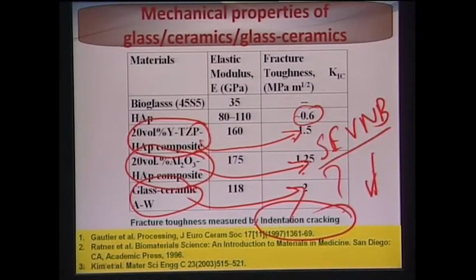Whatever you are getting as 1.5 will not be 1.5, but it may even be below 1 MPa square root meter. What I am trying to say is that the toughness values measured with the hydroxyapatite mullite certainly tell you that you can get good ACVNB toughness properties from these materials, which have not been achieved with any other materials reported to date.